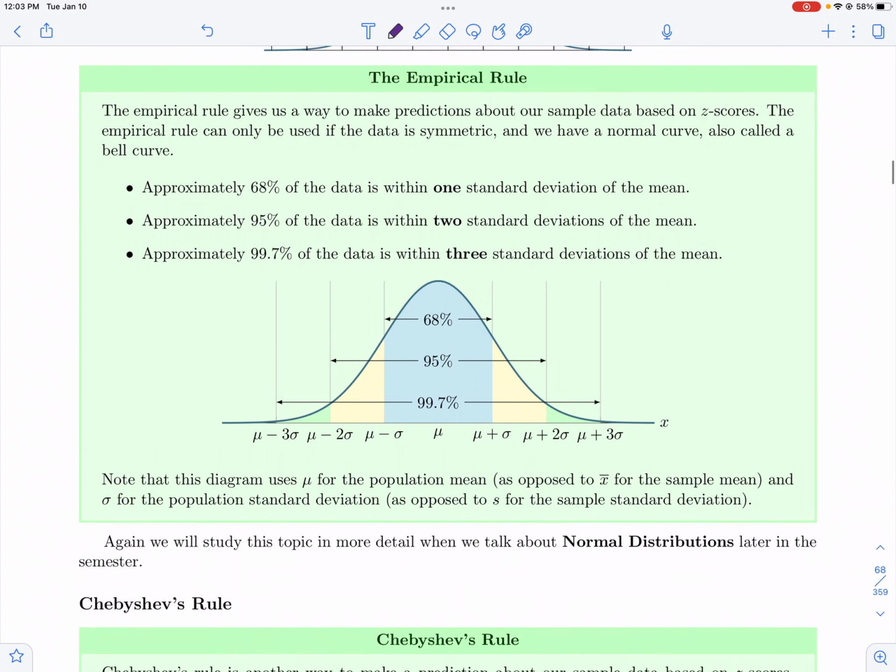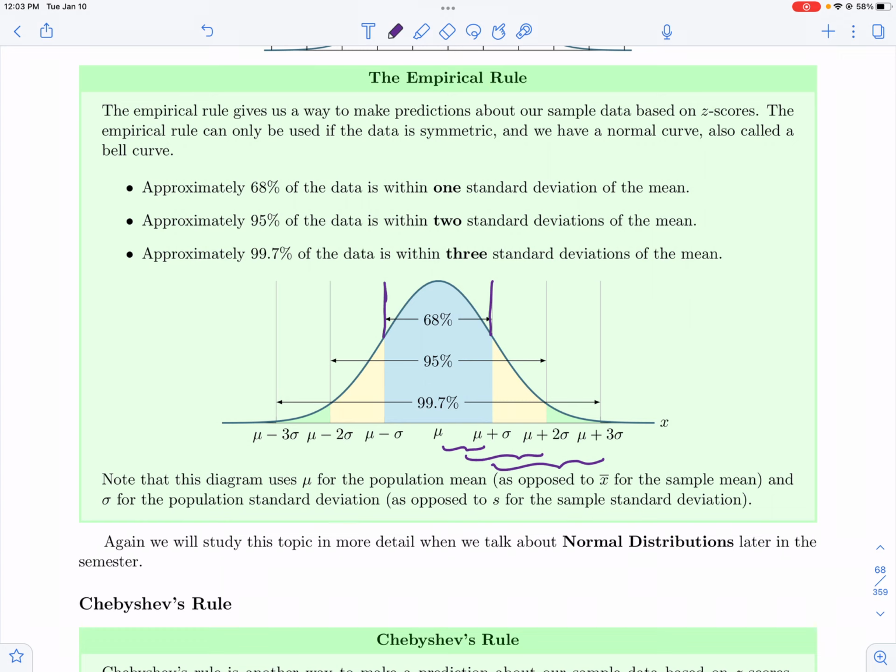If we look at our rules, here's one standard deviation away from the mean, two standard deviations away, and three standard deviations away. These are what we calculated on our own in the previous example. In blue, 68% of the data lives between one standard deviation below and one standard deviation above the mean.